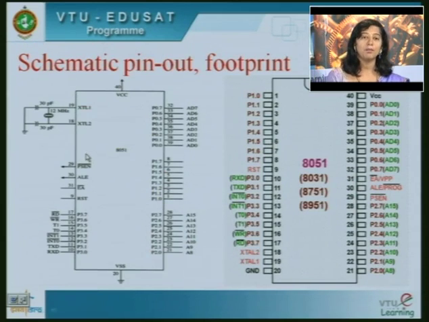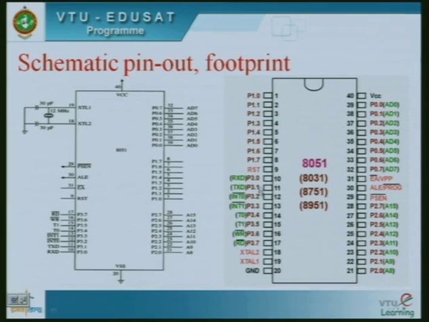And coming to the pinout diagram, this is the complete footprint or the pinout diagram. It's a 40 pin IC, the 8051. You can see the compatible families, the other numbers mentioned here. This is called the schematic pinout, where port 0, port 1, port 2 and port 3, all the 8 bits are grouped together. So these are the 4 IO ports, the 8-bit IO ports. So already 32 pins are connected here.